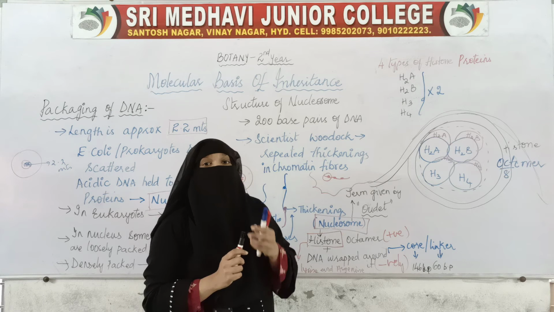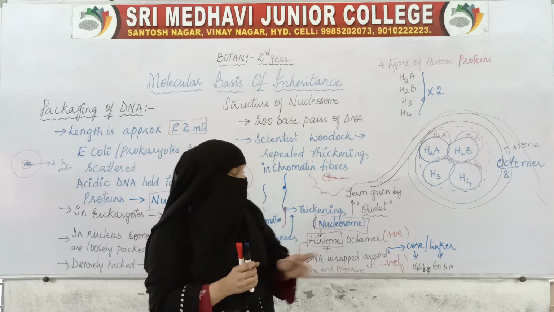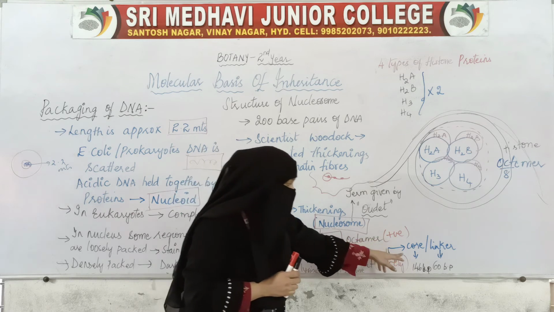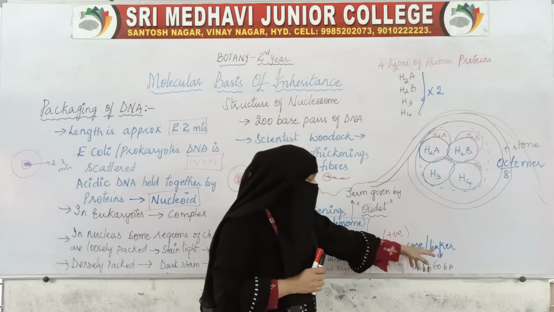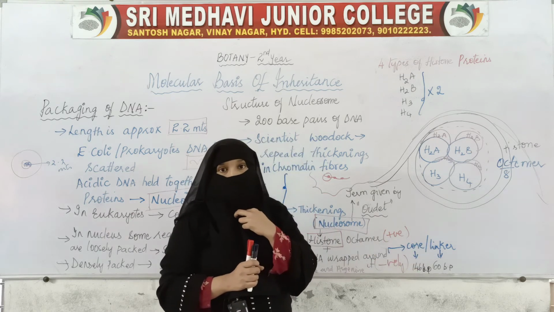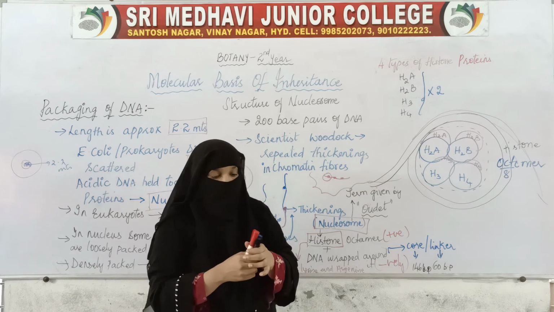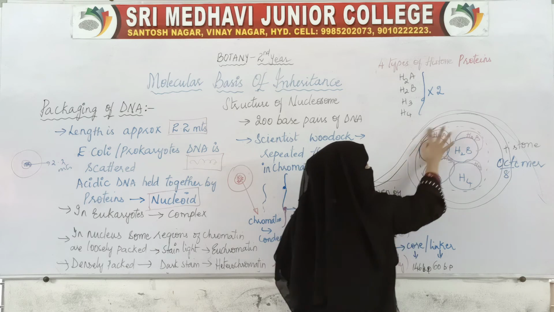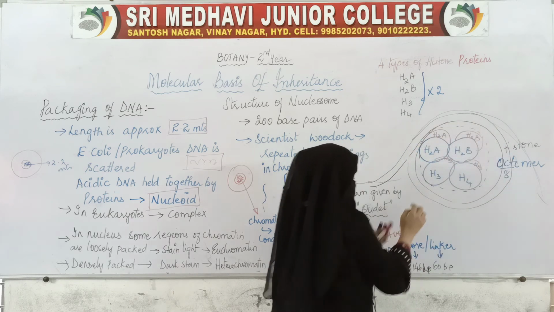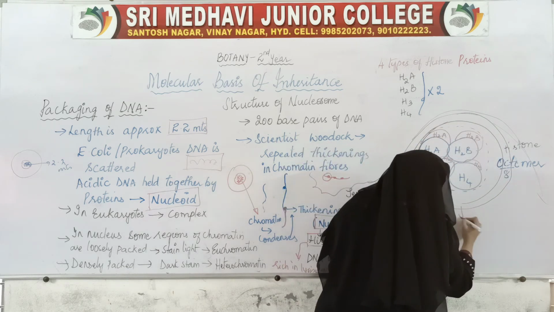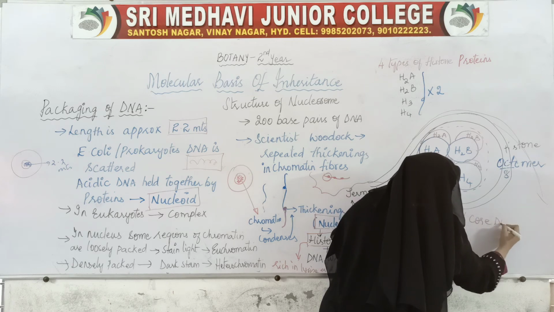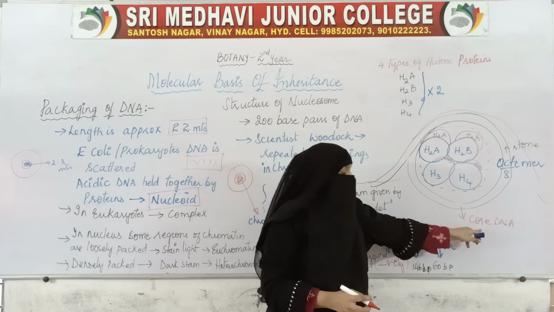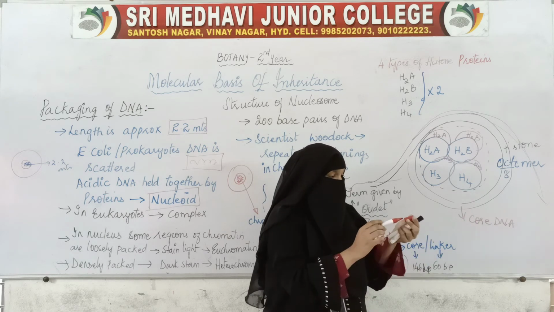Now the DNA is of two types. One is core DNA and the other is linker DNA. The DNA which is wrapped around this ball is called core DNA.